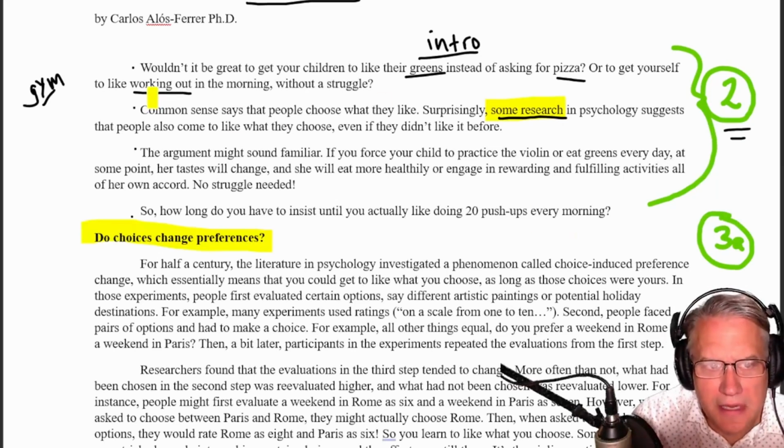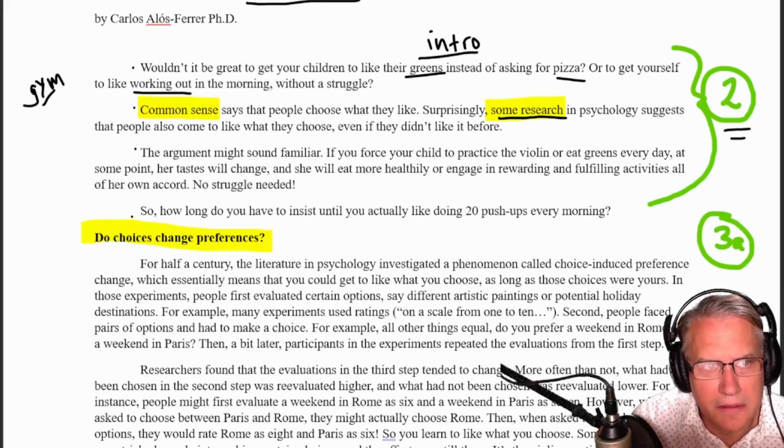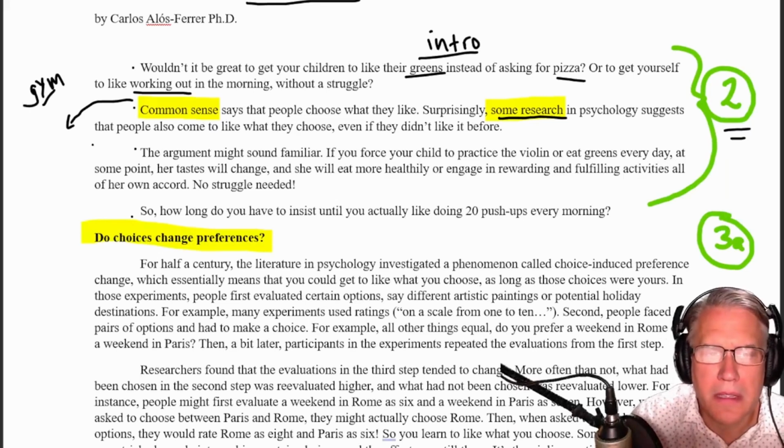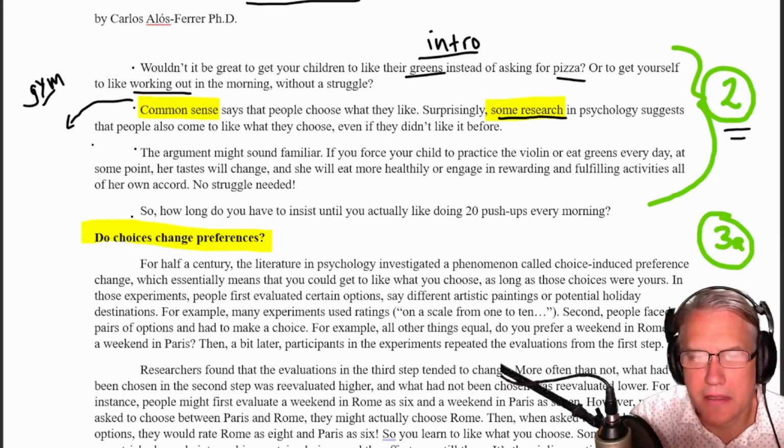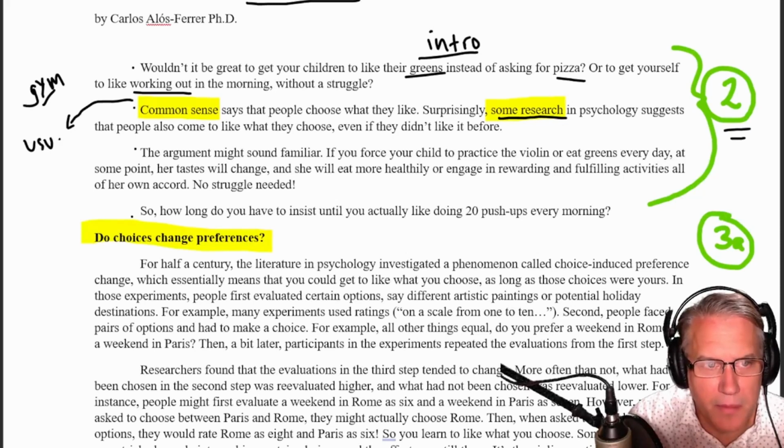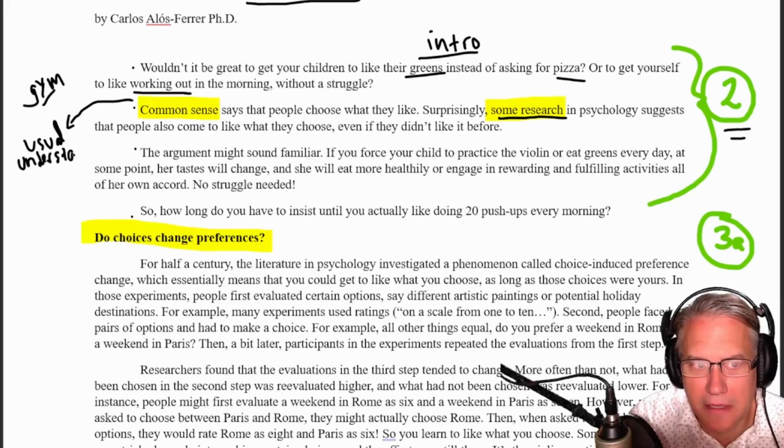I'm interested in this idea of common sense. What is common sense? Does anyone know what that means, common sense? It's like the usual understanding of things. So common sense, the usual understanding. It's like what most people believe or think. Can't spell understanding.